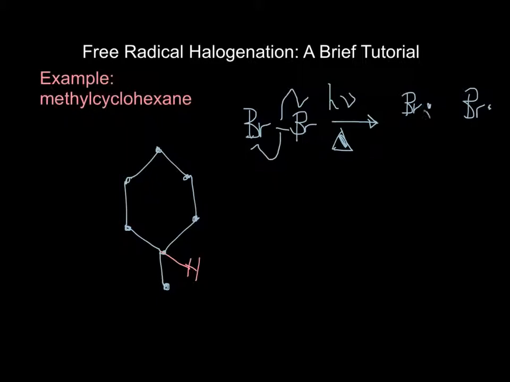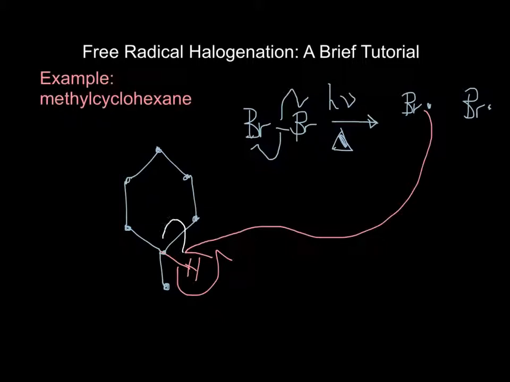So we have one of the bromines reacting, and 1 electron will go to form the new bond, which will be hydrobromic acid. The other electron, which I'll put in white, will stay back with the methyl cyclohexane. Okay.